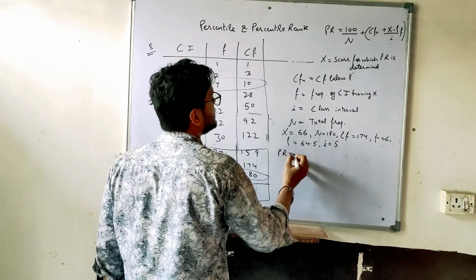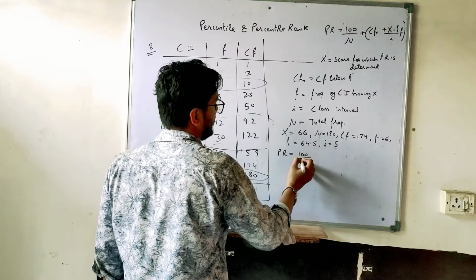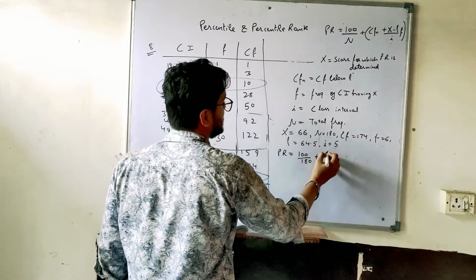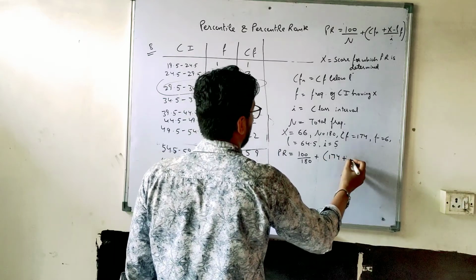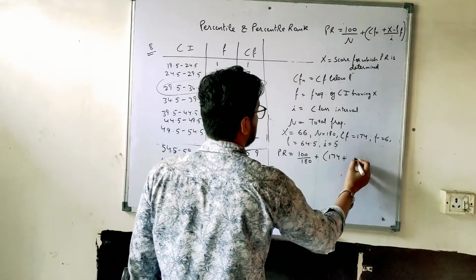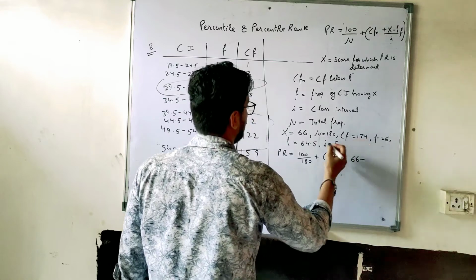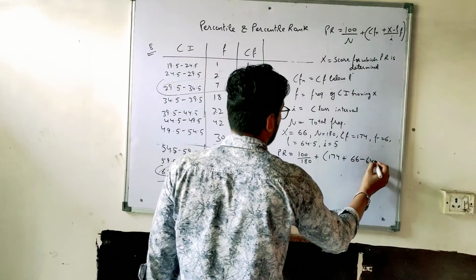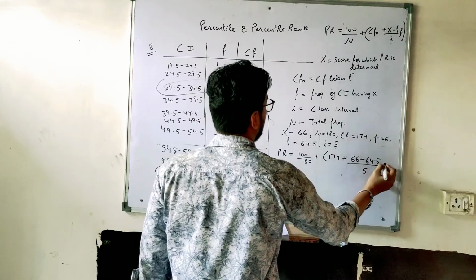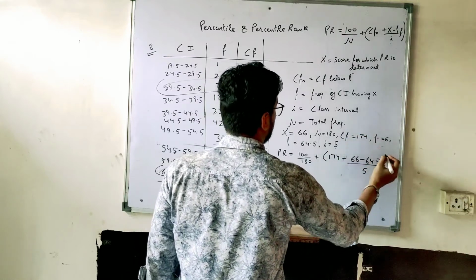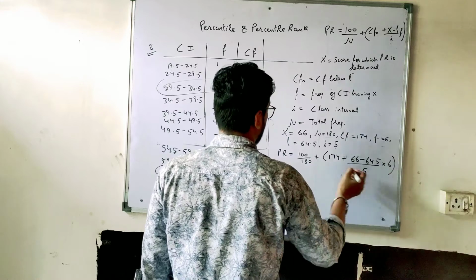PR is equal to 100 upon 180, into CF 174, plus x which is 66 minus L, the lower limit 64.5, upon i which is 5, multiplied by f which is 6.